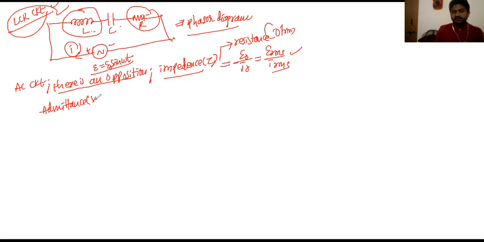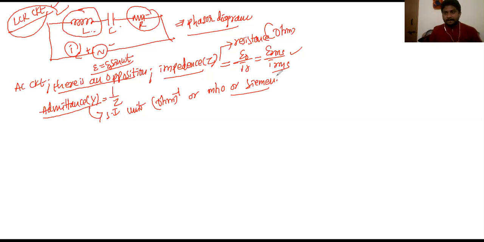It is denoted with the symbol Y. So Y is equal to 1 by Z. The SI unit of admittance is opposite to resistance, that is ohm inverse, which is called mho. That is almost similar to conductance, my dear children.